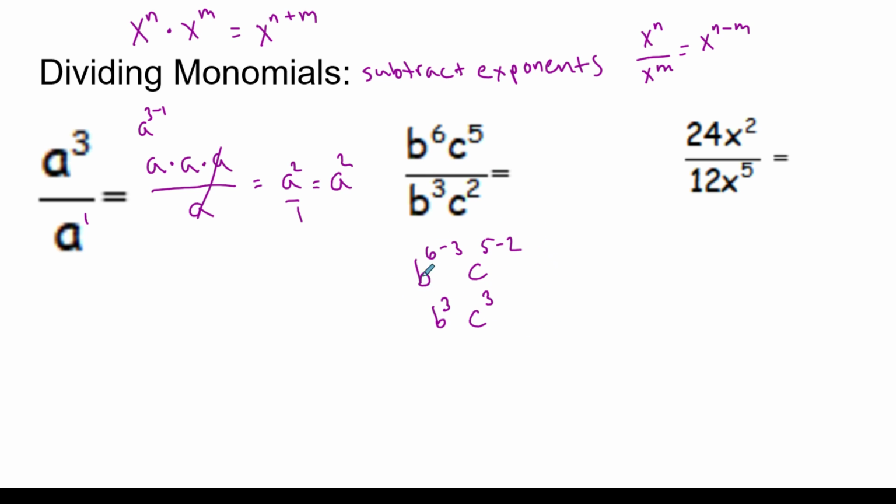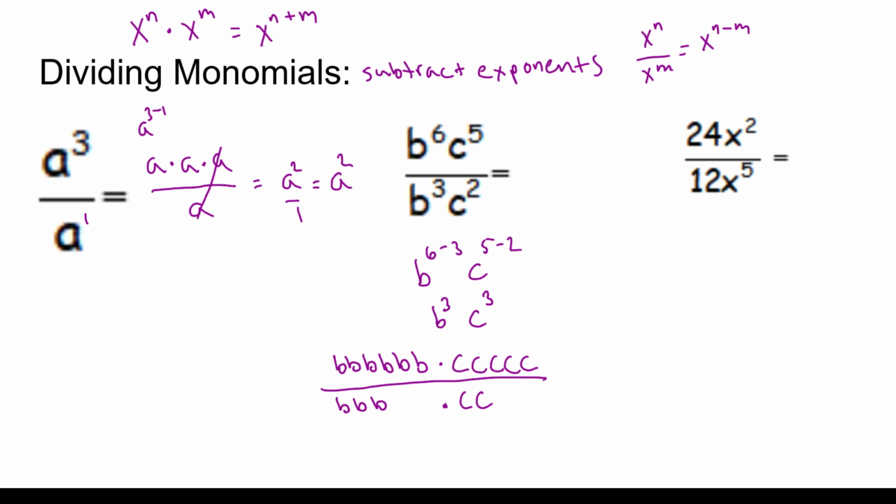If you're having trouble doing it this way, you could do it the long way, where you take b to the 6th and you expand it as 6 b's all multiplied together, 5 c's all multiplied together. You can see how this gets pretty tedious though. 3 b's on the bottom, 2 c's on the bottom.